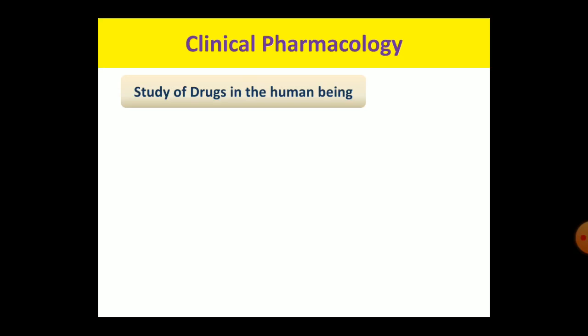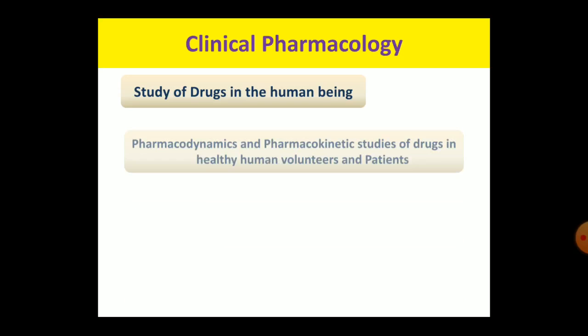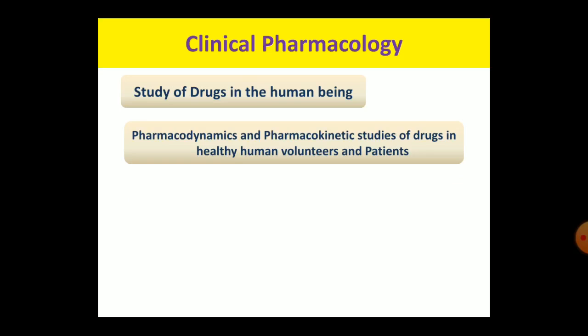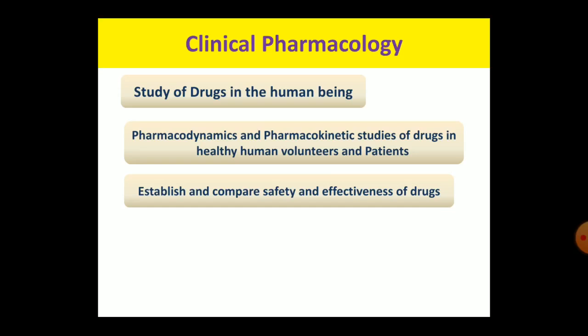But there is one misbelief that only the study of the phases of the clinical trial will come under clinical pharmacology. No, these clinical trials will definitely come under the heading of clinical pharmacology, but there are many more things that come under that heading.